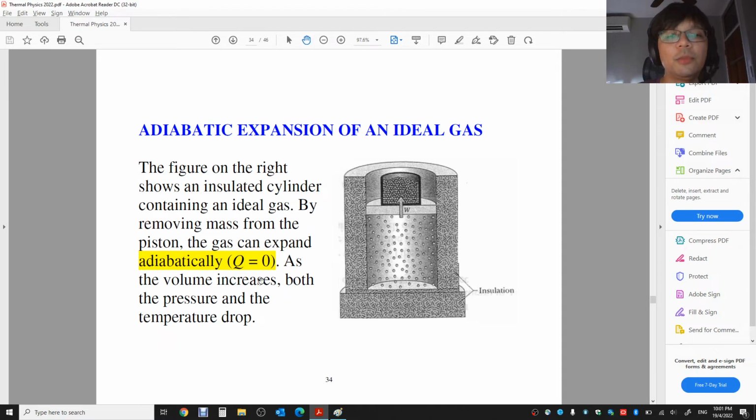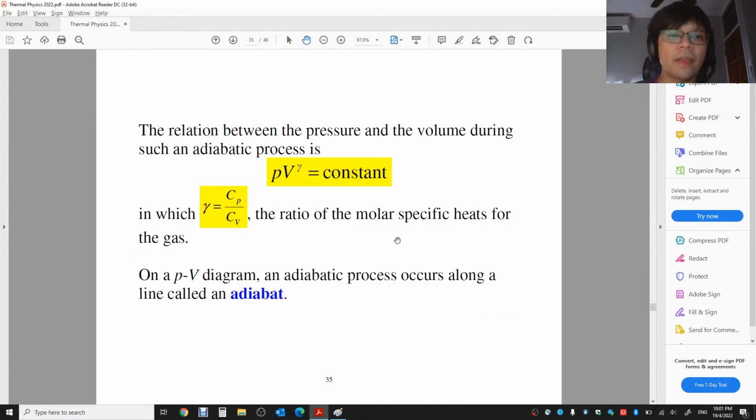So as the volume increases, the pressure and temperature have to drop. The relationship between pressure and volume during such an adiabatic process is PV to the power of gamma is constant, where gamma is the ratio of Cp to Cv.